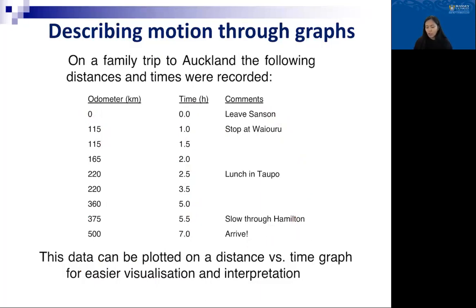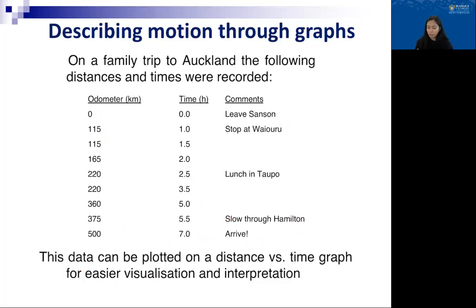Looking at just this data in table form, it's hard to see what's happening throughout the journey. It's just a bunch of numbers that's quite hard to interpret.